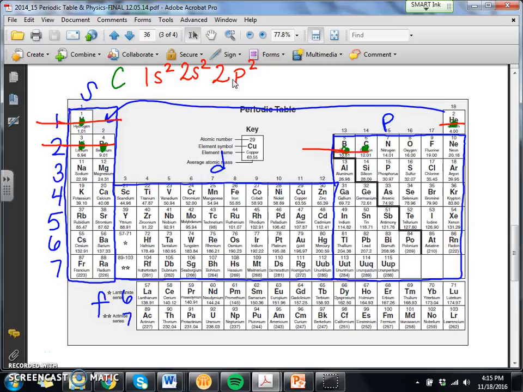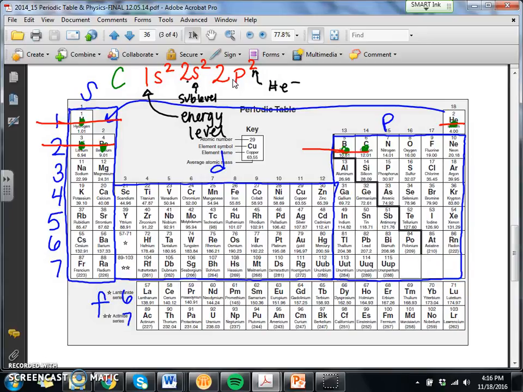Now, if we're breaking down what they mean, okay, the 1 represents the energy level of an electron configuration. The 2 also represents an energy level, but the S is our sublevel, and the exponent is the number of electrons in that sublevel.